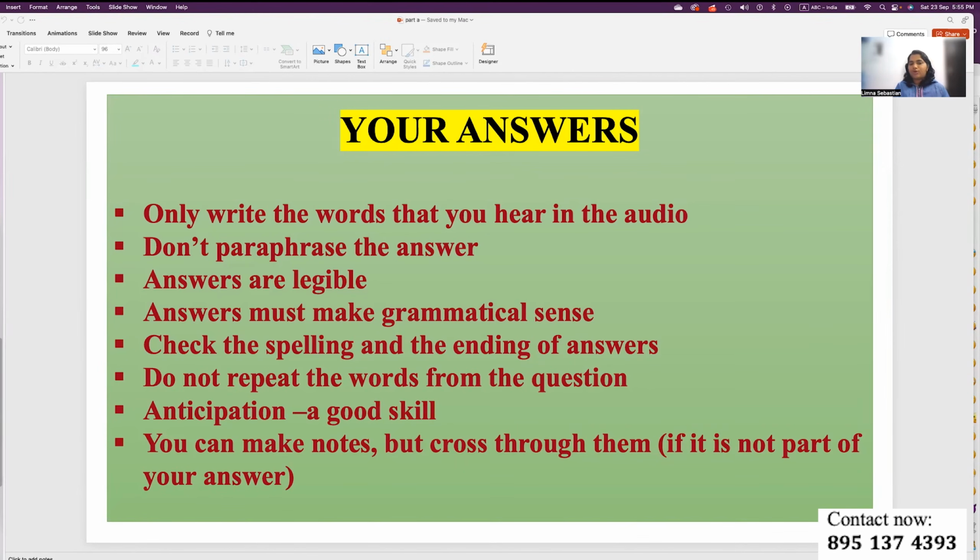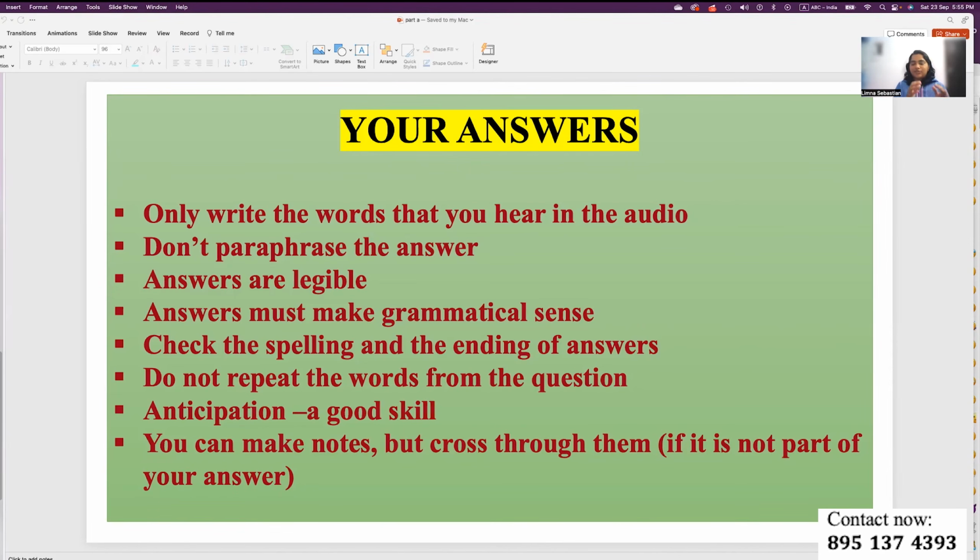Then you can make notes, but cross through them if it is not a part of your answer. That means during these 30 seconds, we are writing some simple notes, maybe you will get time to write. After that we will get 2 minutes at the end of the test.